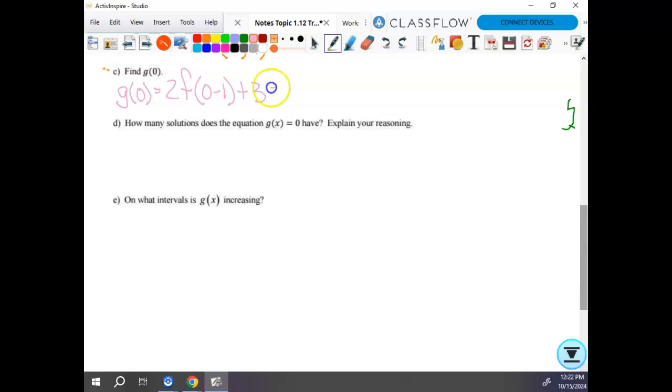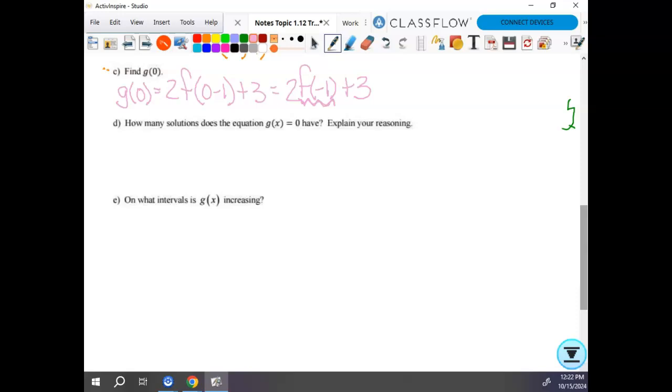Then when I clean this up a little bit, I'm going to get 2 times F of negative 1 plus 3. Now I can't multiply the 2 times the negative 1 or anything like that because this right here, F of negative 1, represents a y value. How do I figure out what that y value is? Where do I look? The graph.